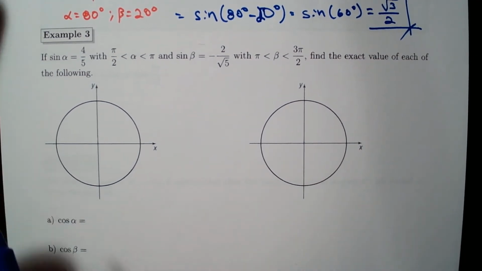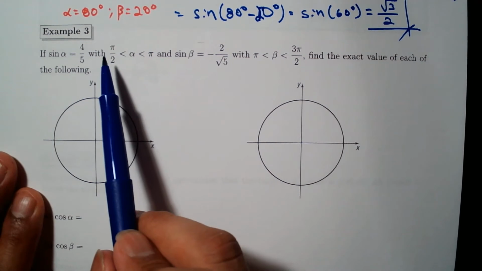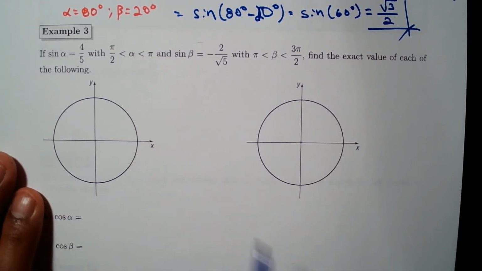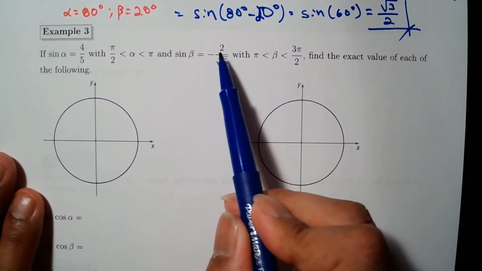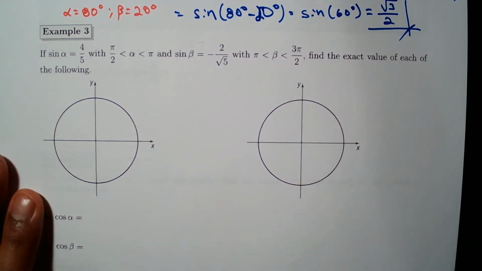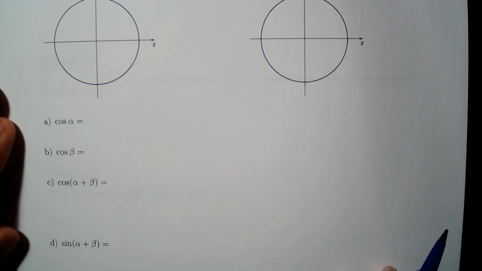So if sine alpha equals 4/5 with pi over 2 less than alpha less than pi, and sine beta equals negative 2 over root of 5 with pi less than beta less than 3 pi over 2. Find the exact value of each of the following.